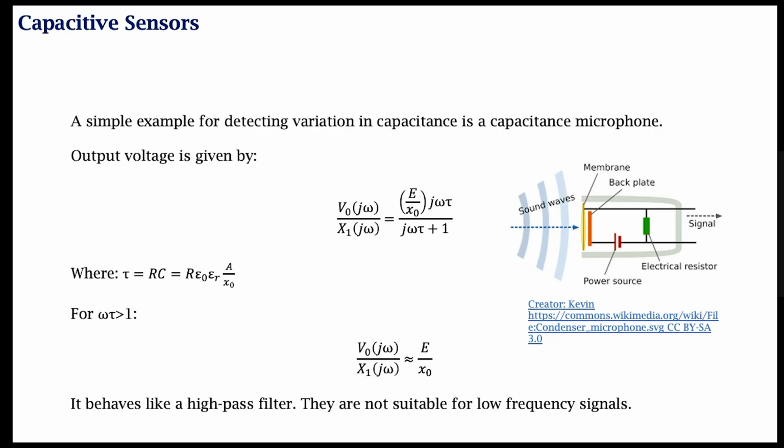R is the resistance that is there. It does not change. Whereas C changes as a function of the relative dielectric constant, epsilon R. If you have a situation in which omega tau is very large, much greater than 1, then you will see that in the range of interest, the change in voltage is essentially a function of the applied voltage by the deflection.